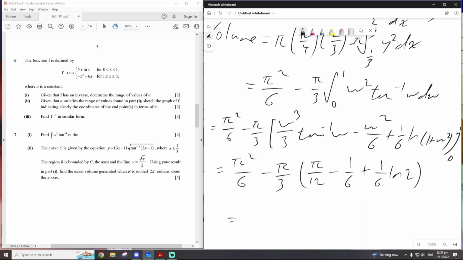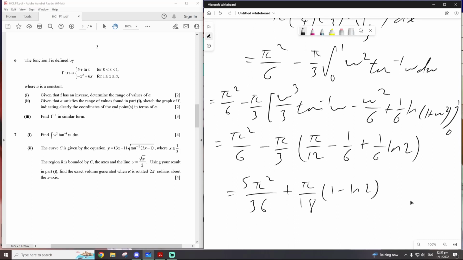So you get 5 pi squared over 36 plus pi over 18 times 1 minus ln 2, or any equivalent form to this. And ln 2 is less than 1, so that's fine. That'll be the volume.